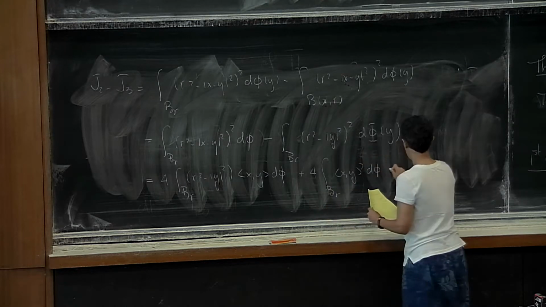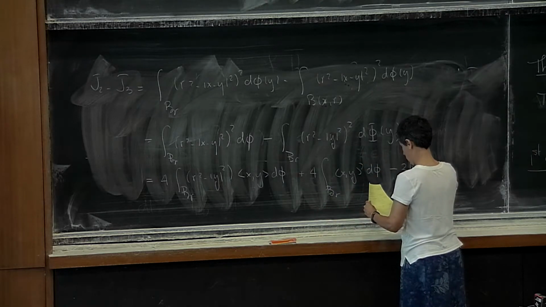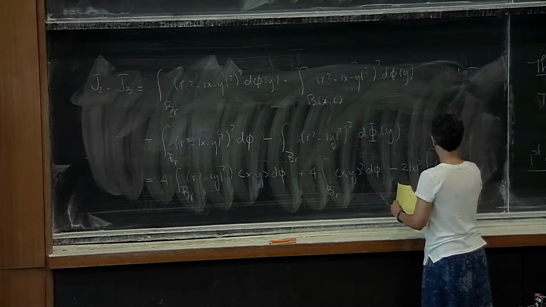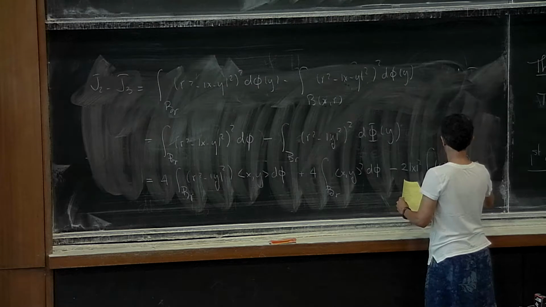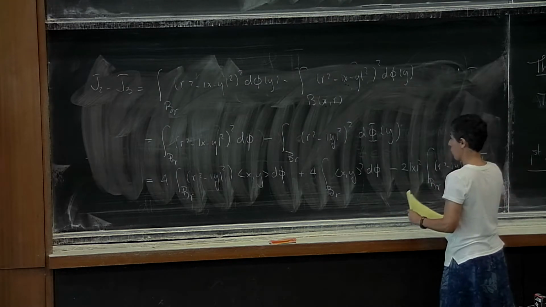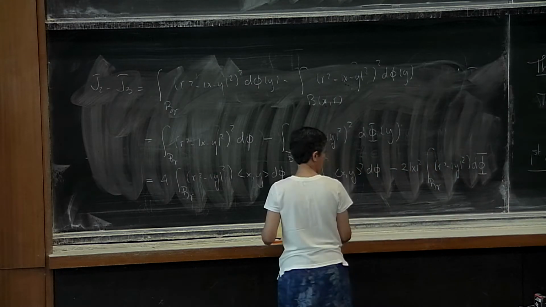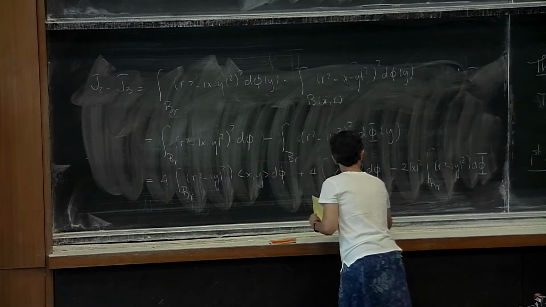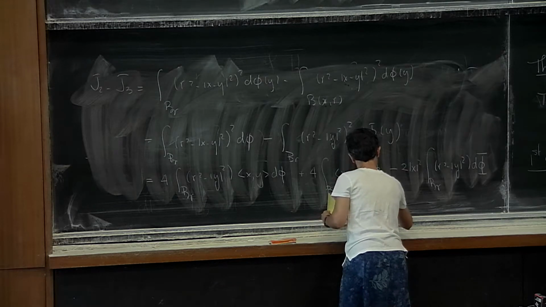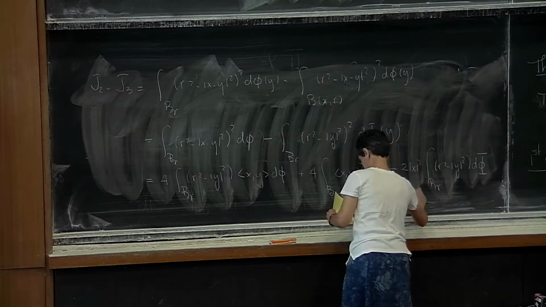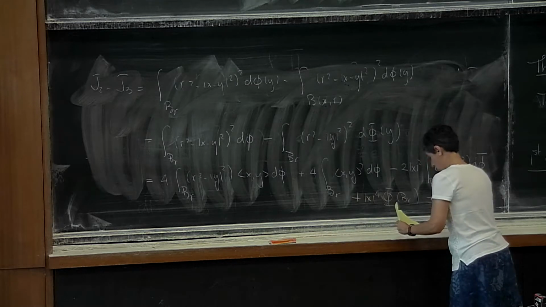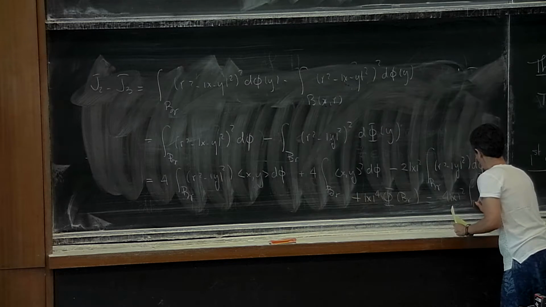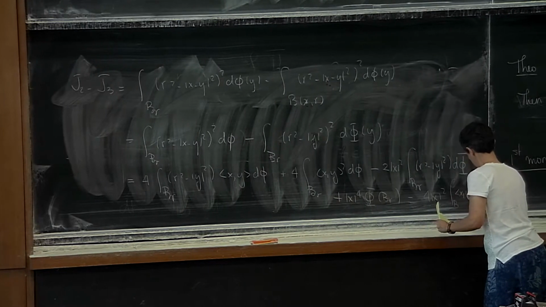Minus 2 x squared times the integral over BR of r squared minus y squared d phi of y. So these are the terms I cared about. Here comes the recycling. Plus x to the fourth times phi of BR, minus 4 x squared times the integral over BR of xy d phi of y.